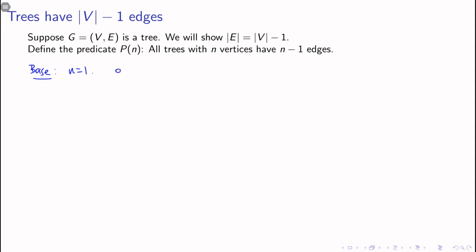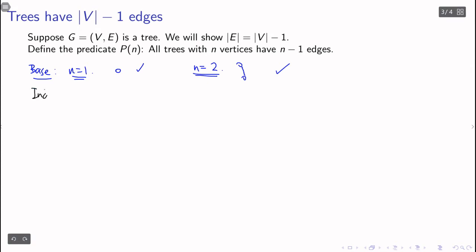Well, it has no edges, right? Because it's simple, so it can't have loops. So it's true. N equals 2. Just for sanity, if you have a tree with 2 vertices, well, it has to be this one, right? Because the tree has to be connected. So E equals 1, the cardinality of E equals 1.